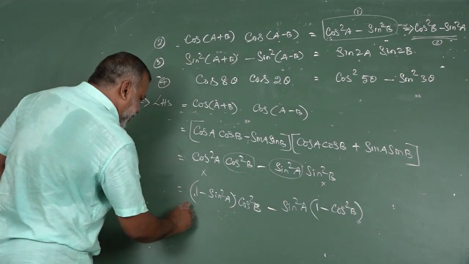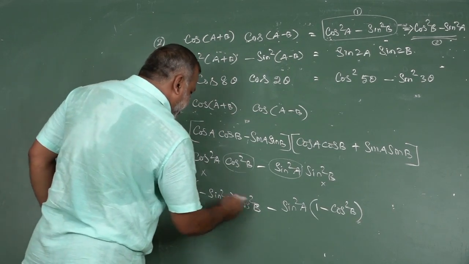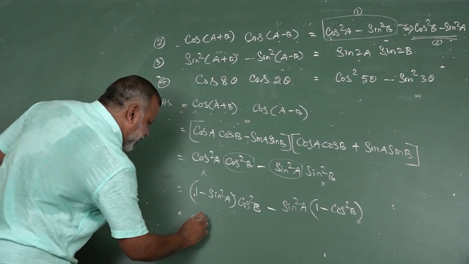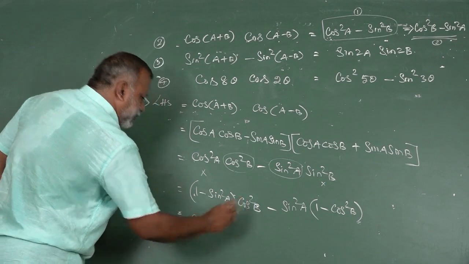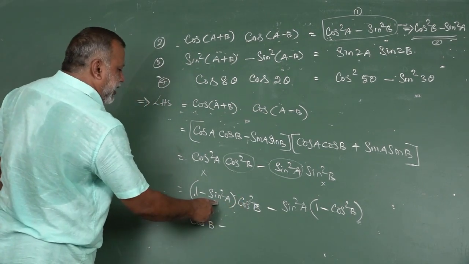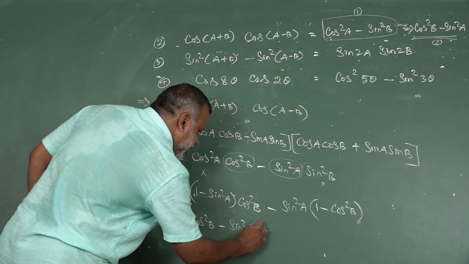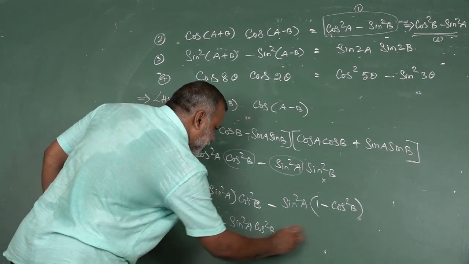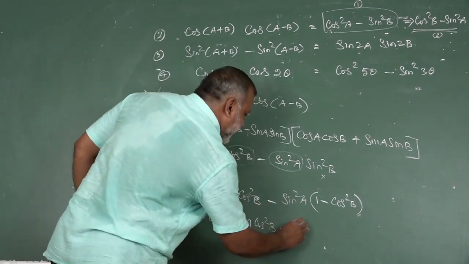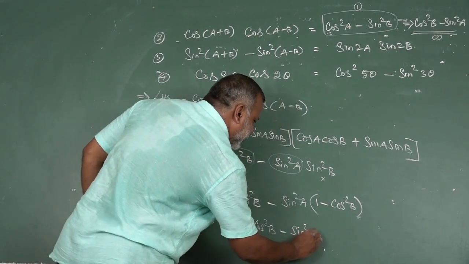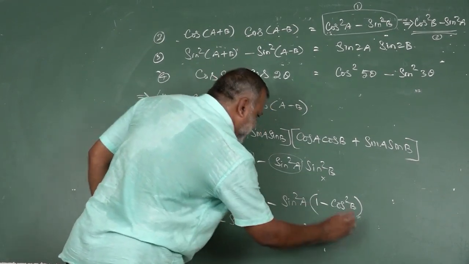Now just multiply inside. This cos squared b multiplication with 1, we get cos squared b minus cos squared b again multiplication with the sin squared a. Sin squared a cos squared b. Again negative. Sin squared a is multiplication with 1. Negative of negative becomes positive.